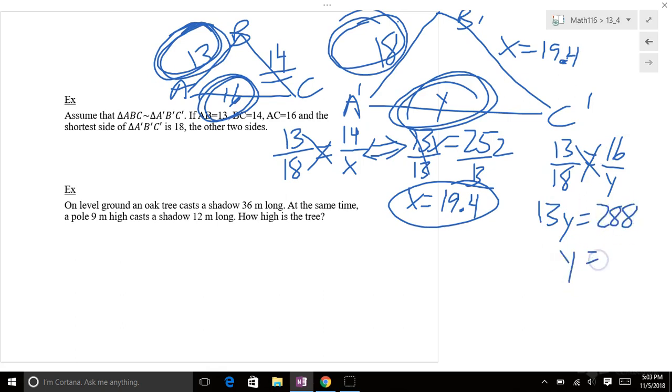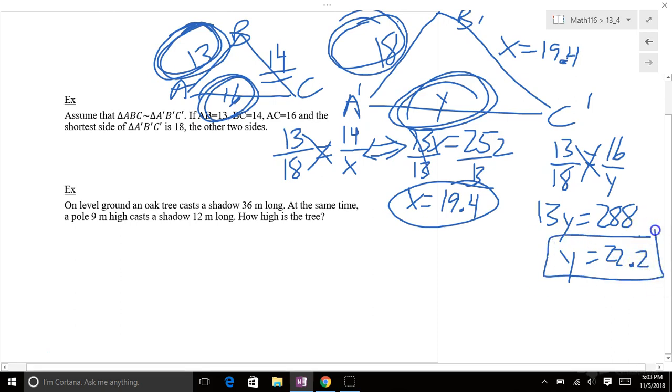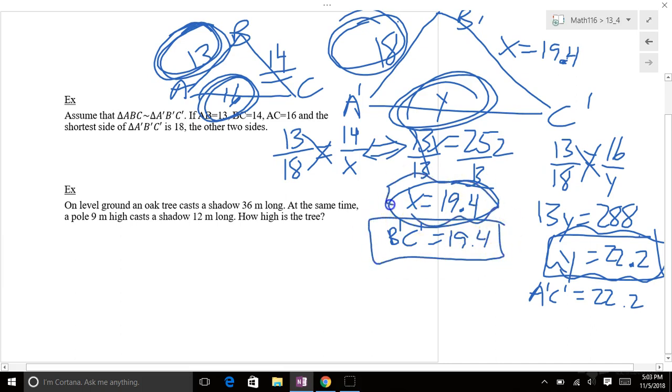Divide by 13 on both sides, and you get 22.154. So 22.2. Whoops, I should call this A prime C prime as 22.2, not Y. And this X, I should call B prime C prime as 19.4.